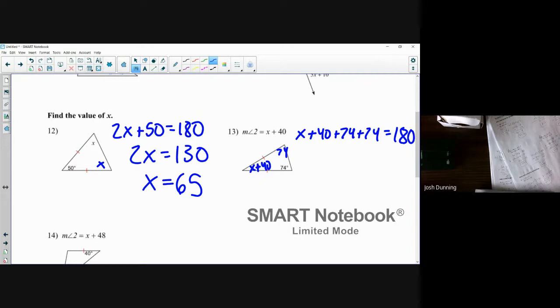And you know, when you're doing the Delta Math or homework or whatever, if you just want to skip right to 40 plus 74 plus 74 is 188, I mean, that's okay. On the regions, though, you want to start with that. Anyway, subtract, negative 8.